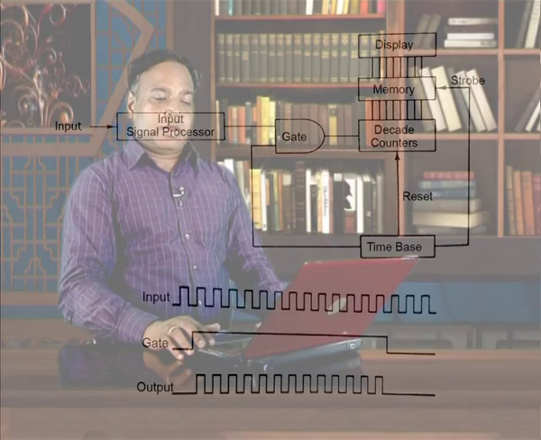For example, it may be a Schmitt trigger which converts the input signal, or the sine wave, into pulses, and the pulses obtained at the output of the signal processor will have a frequency similar to the input signal. So, basically this input signal processor may amplify the signal, it may attenuate the signal, and in addition to this, it converts the input signal into pulses.